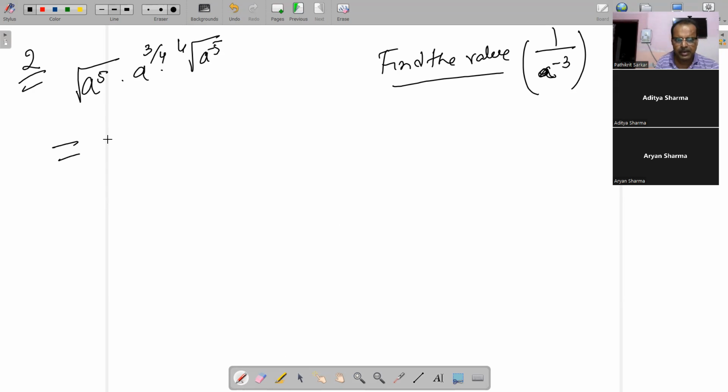तो इसको क्या लिखोगे, पहले लिखो a to the power 5 by 2, ये आ गया. Then it comes down to a to the power 3 by 4, ये आ गया.